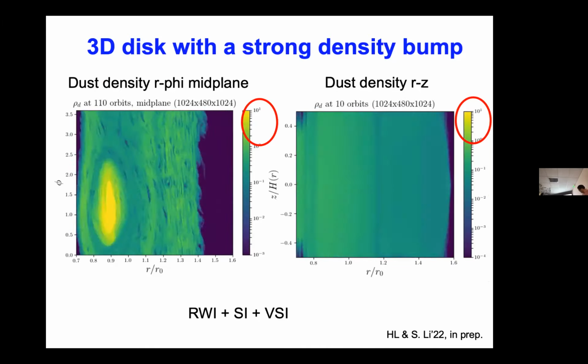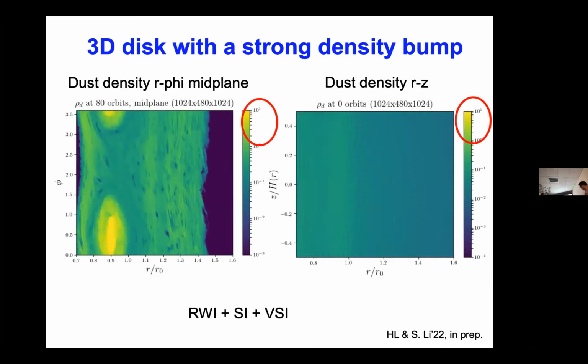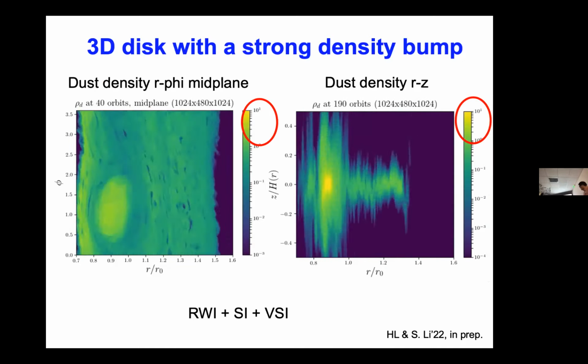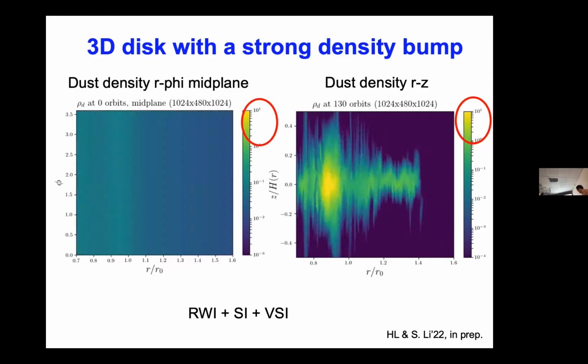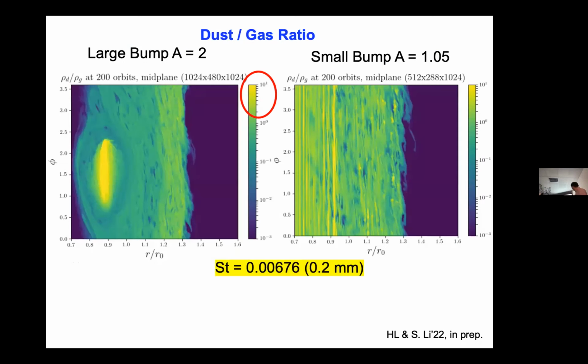We can see the vortex formation, the dust concentration, and then vertically we can see the vertical shear instability. So in this run, Rossby wave, streaming instability, and vertical shear instability, all three are combined in one simulation, and we need extremely high resolution for it, but we can do it. This is log scale: we can see the dust density clumps forming due to streaming instability. And then the big vortex also concentrates dust, and inside at the boundary there's also streaming instability forming. So it's there.